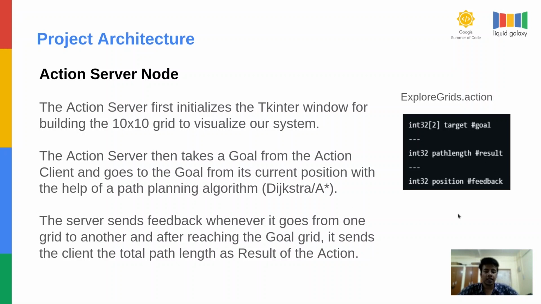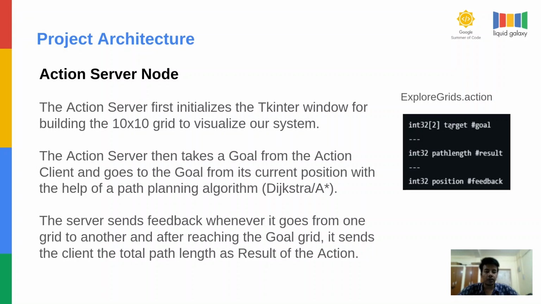You can see very nicely here is the custom action file that we will build. It contains an integer array of length 2, which contains a target. What will this target contain? This target will contain both the point we have to reach and how we will reach it.